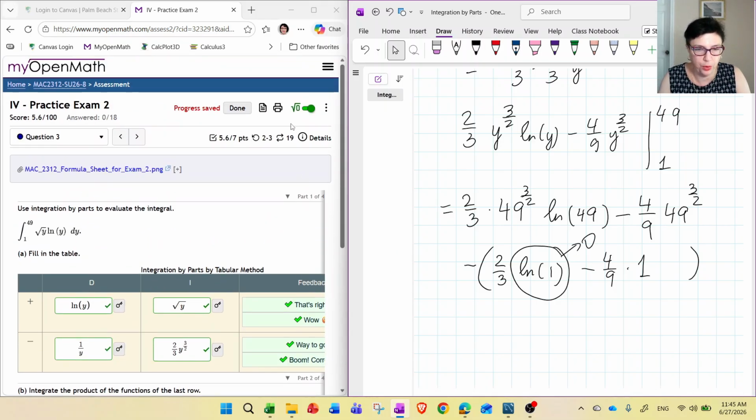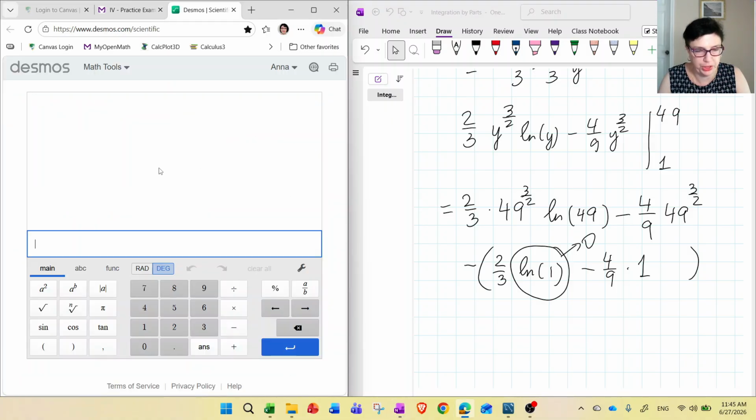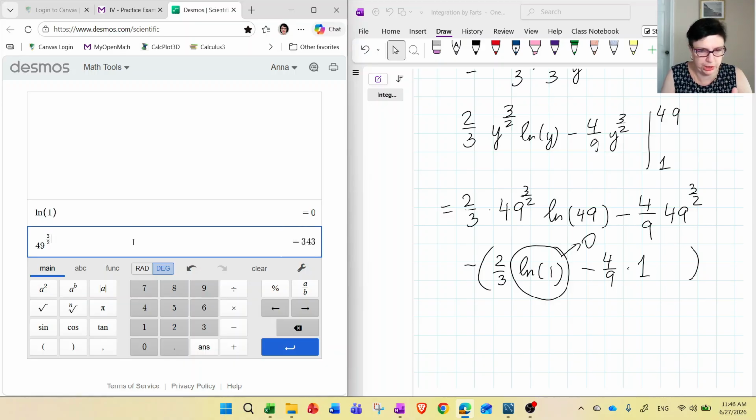If you do not know that, then go to Desmos or whichever calculator you have and just enter natural log of 1, and it'll tell you that that's 0. What else do we want to simplify? We also do not want to leave 49 to the 3/2 there, because this is the square root of 49, raised to a power 3. Square root of 49 is 7, and that's going to be 7 cubed, which I think is 343 if I'm not mistaken. You can of course always just enter it and it's going to give it to you, but don't leave it like that.